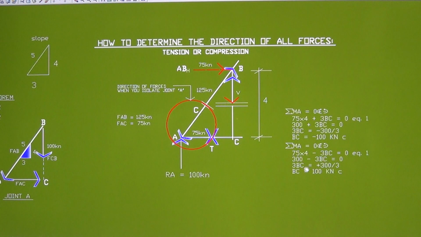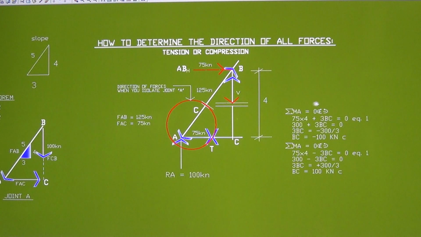Transposing 3 BC to the other side of the equation, it becomes positive. 3 BC is now positive, equal to 300, and the 300 will remain positive. Dividing both sides of the equation by 3, we get BC, and this is positive, 300 divided by 3 is equal to 100.